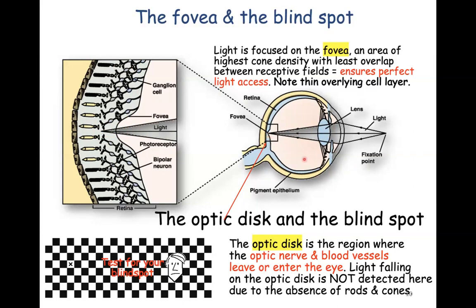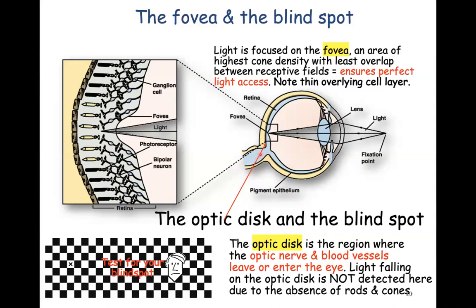Now, what is the optic disc? The optic disc is a region of the eye, basically located here. This is the optic disc, and it is where the optic nerve and the optic arteries and vessels, central retinal artery and retinal vein, all those things enter and leave the eye from here.